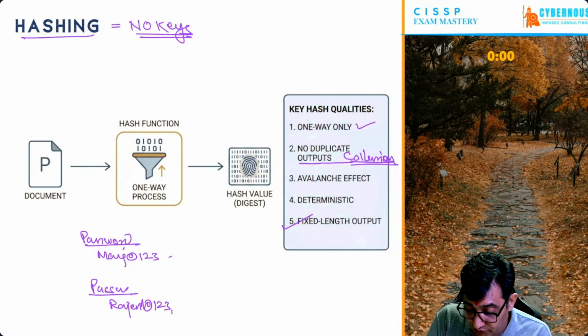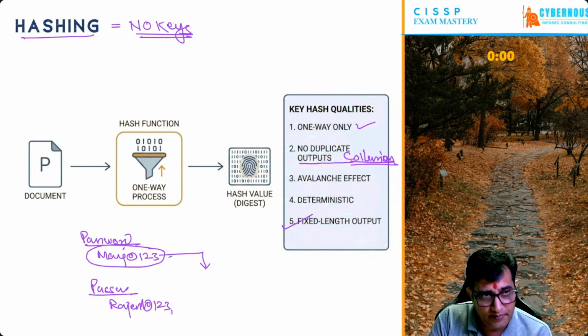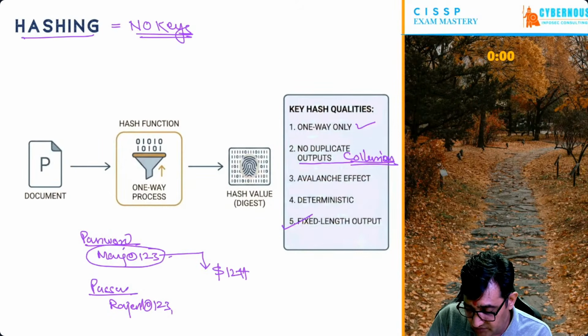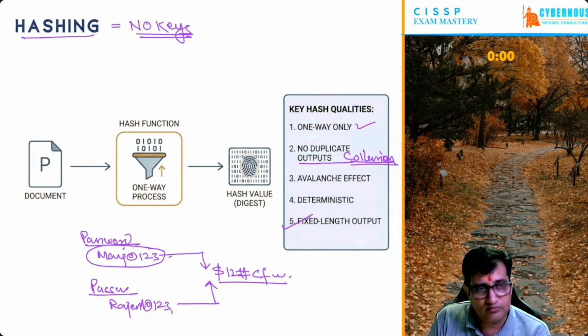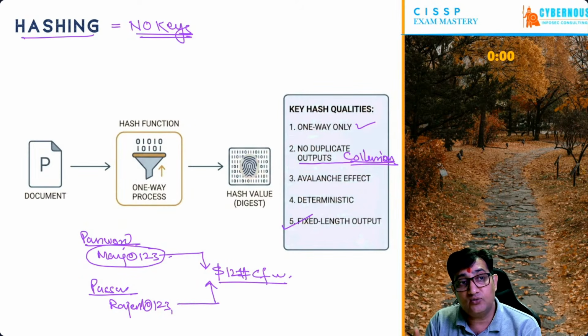Systems do not use your passwords directly. There is a key stretching process, as part of your operating system, which converts this Manoj@123 into some kind of hash value like this. If both the passwords generate the same hash value, that is called collision.